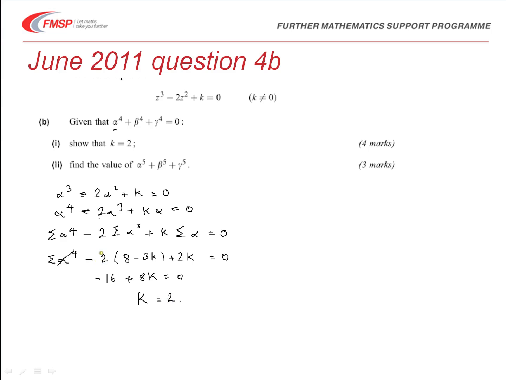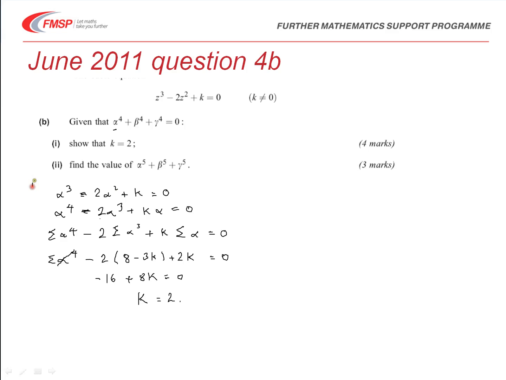Then it says find. Well, what is it asking us to find? Well, it's asking us to find the sum of the alphas to the power of 5. Well, what do we know about alpha to the power of 5?